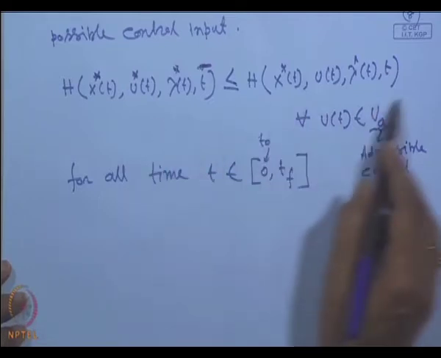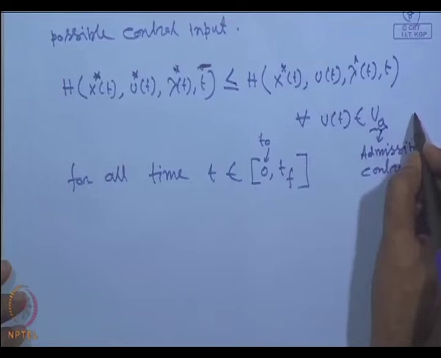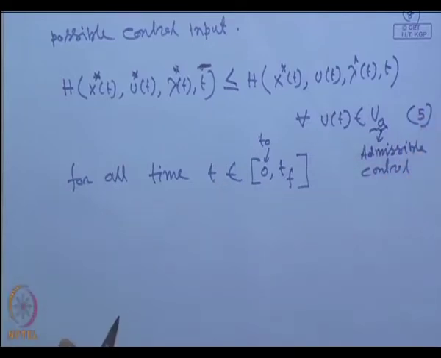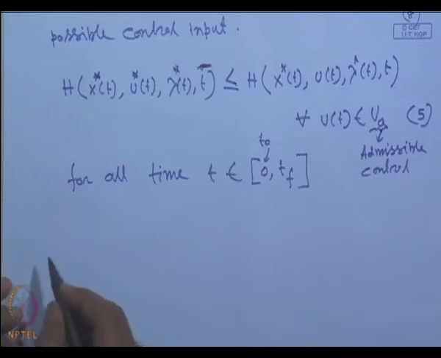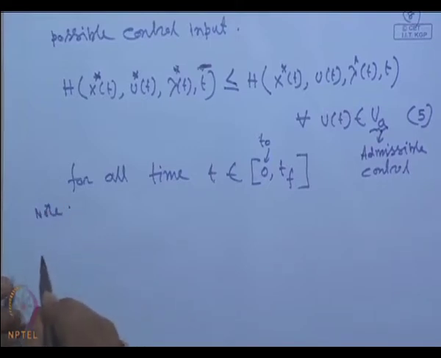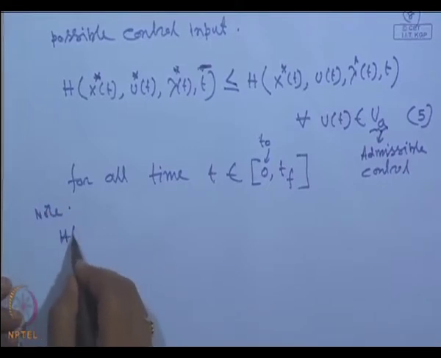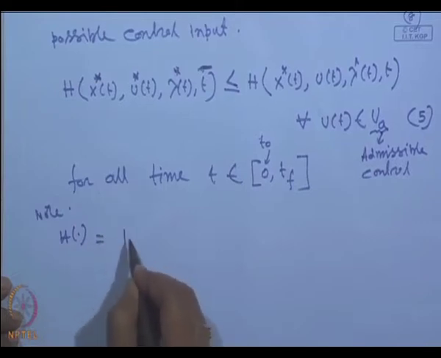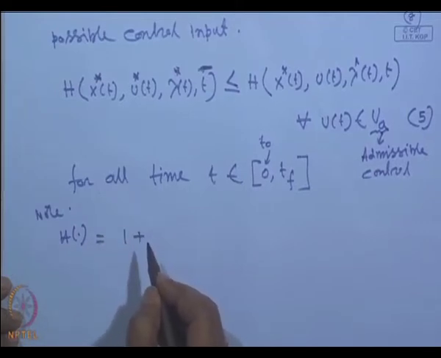Let us call this equation number 5. Agree? So, now note the corresponding Hamiltonian function H is equal to 1 plus lambda transpose.